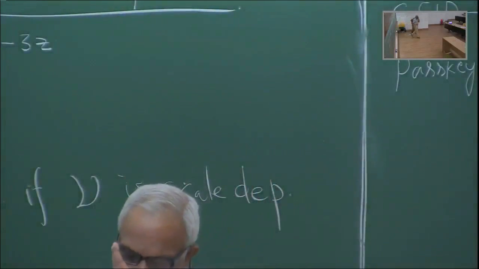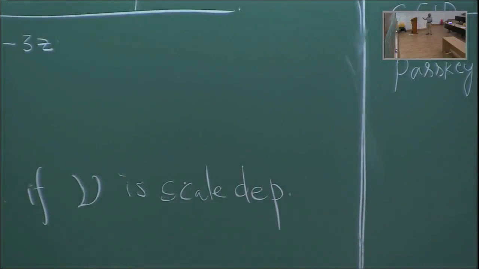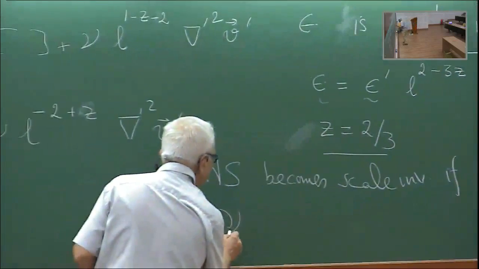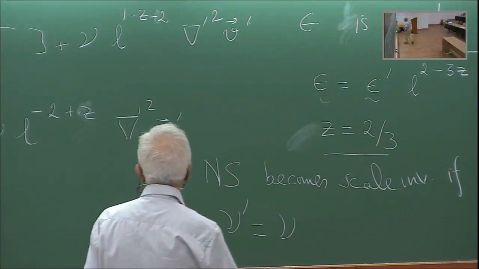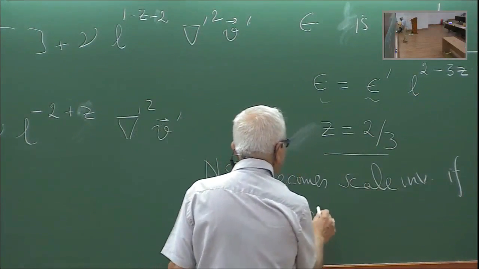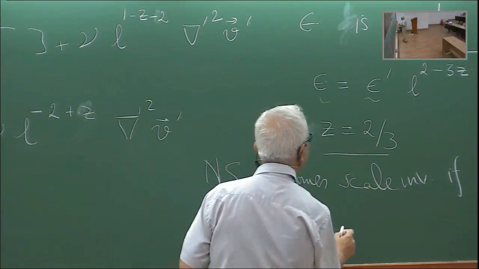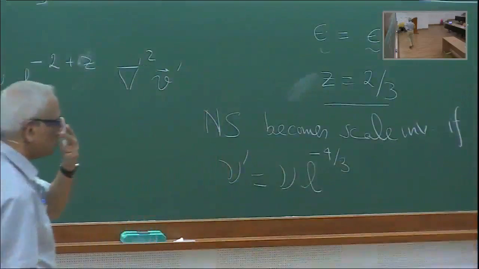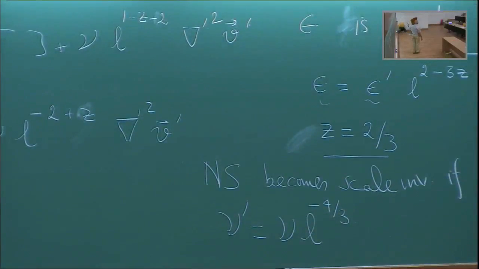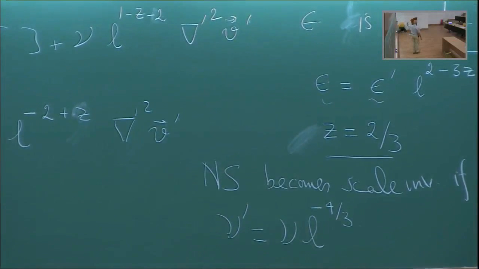So if nu is scale dependent, that's when the Navier-Stokes equation is going to be scale invariant, provided I define nu prime to be nu times L to the power minus 2 plus z. z is 2 by 3, which is minus 4 by 3. So nu has a scale dependence which goes as 4 by 3.